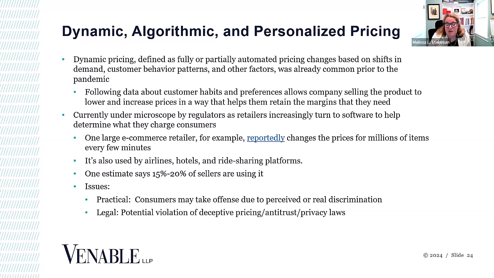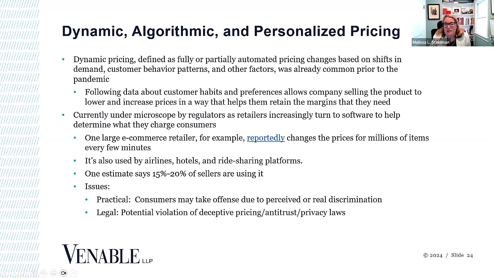Yes. This is something we mentioned at the beginning as sort of the trend. This idea of using data in some way to automate your price changes, or at least to set your pricing based on things like demand and customer behavior patterns.